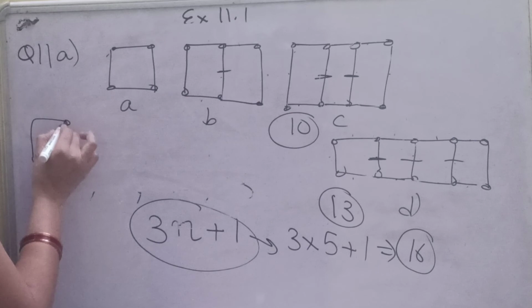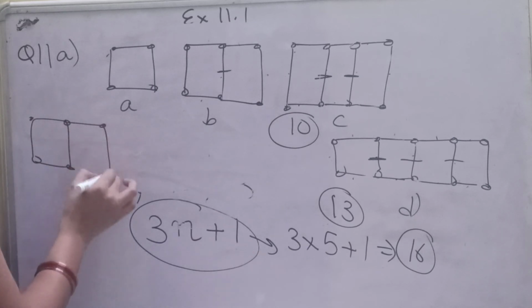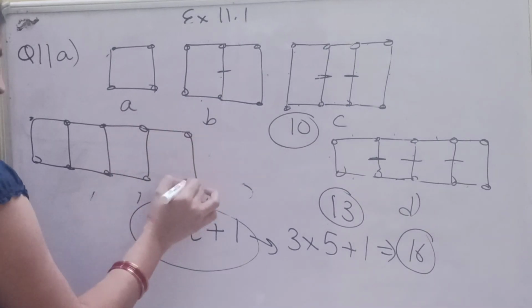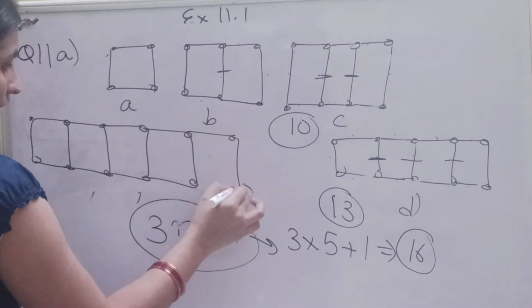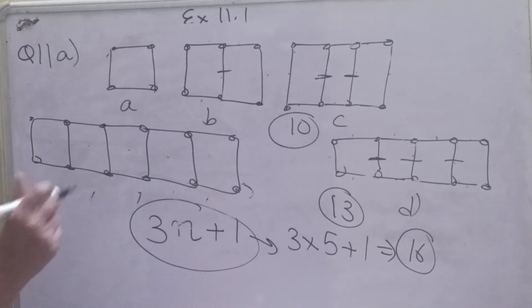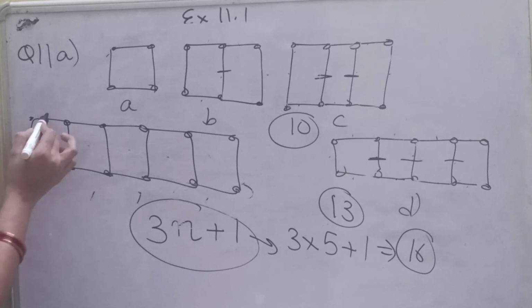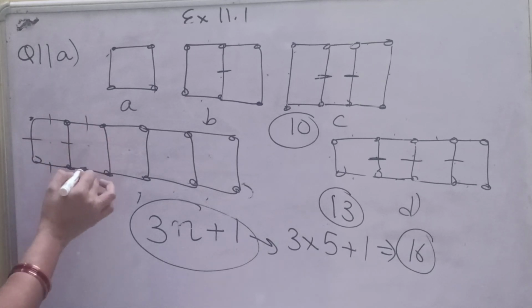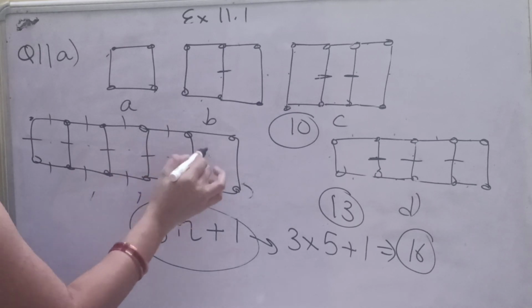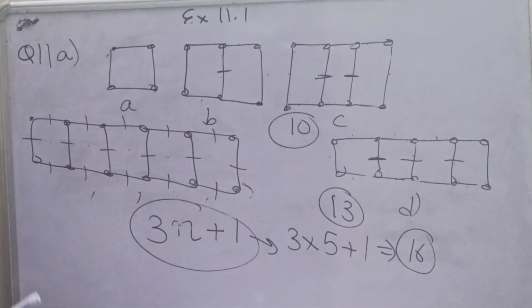So this is your 1, this is your 2, this is your 3, this is your 4 and this is your 5. 1, 2, 3, 4, 5 squares. Let us check that we have 16 matchsticks or not. 1, 2, 3, 4, 5, 6, 7, 8, 9, 10, 11, 12, 13, 14, 15, 16.